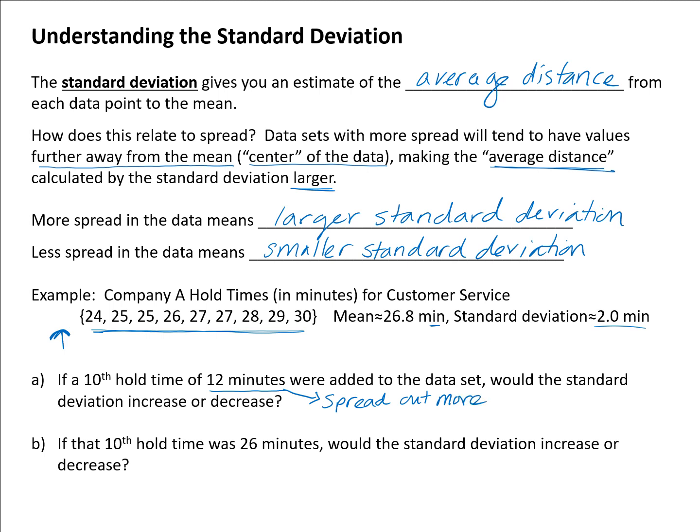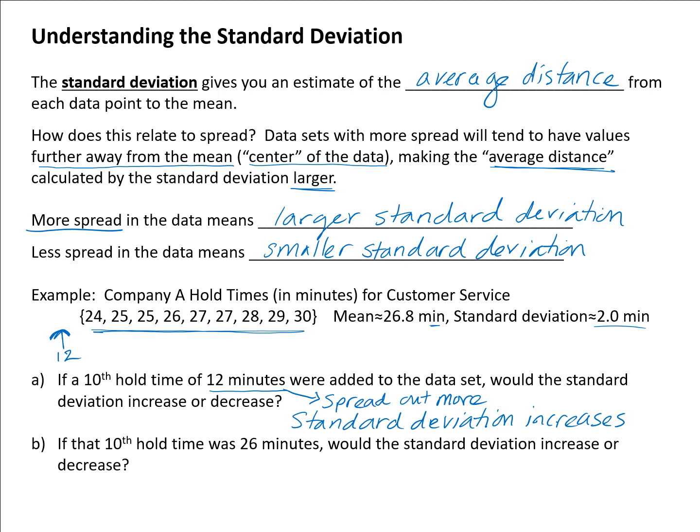And if your data set is spread out more, remember, more spread gives you a larger standard deviation. So this means the standard deviation is going to increase, because that value of 12 is going to create more spread in your data.